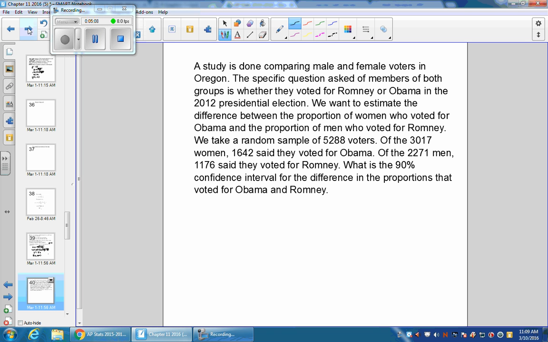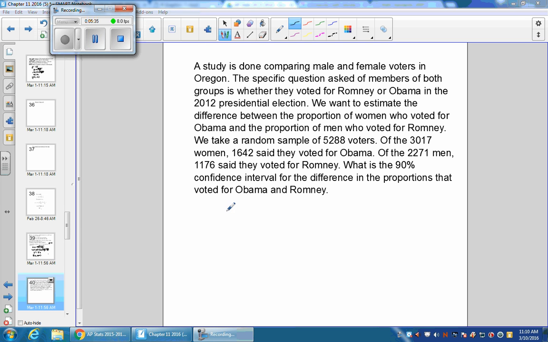Of the 3,017 women, 1,642 said they voted for Obama. Of the 2,271 men, 1,176 said they voted for Romney. What is the 90% confidence interval for the difference in proportions for the people who voted for either? So it's men who voted for Romney and women who voted for Obama.